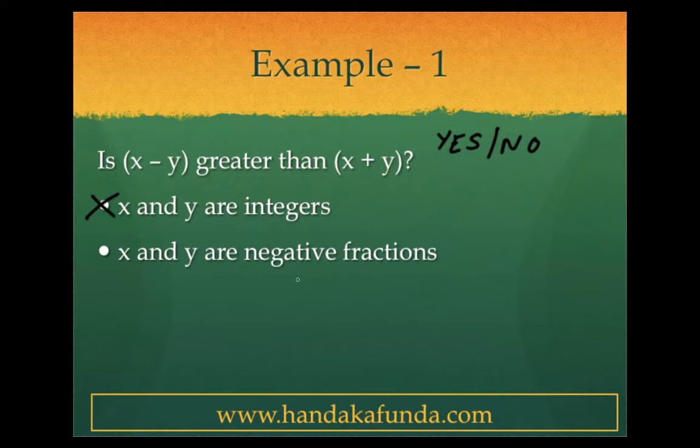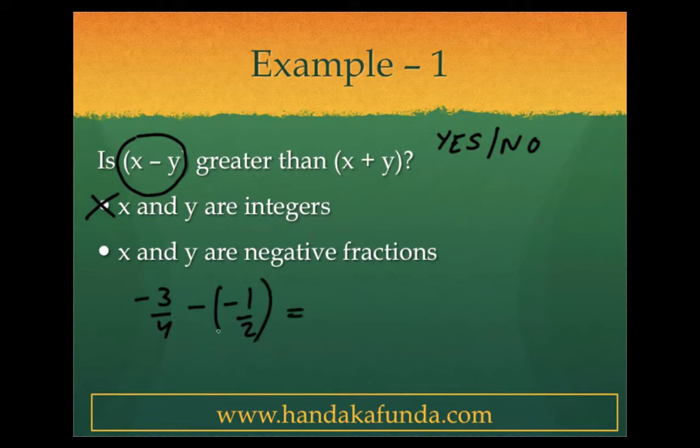How about x and y are negative fractions? Well, if x and y are negative fractions, then this value may be negative, may be positive. It would depend upon the individual values of x and y. Say, for example, one is minus 3 by 4, whereas the other one is minus half.